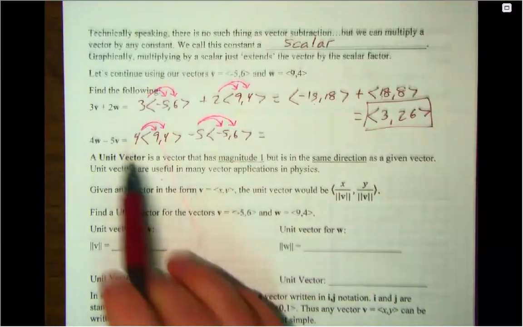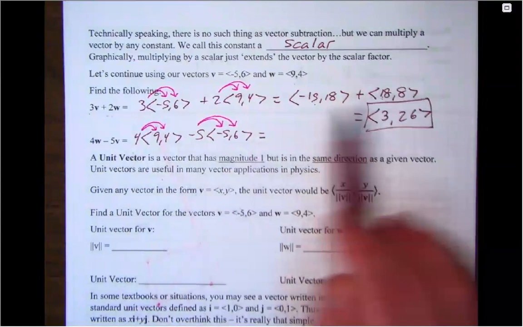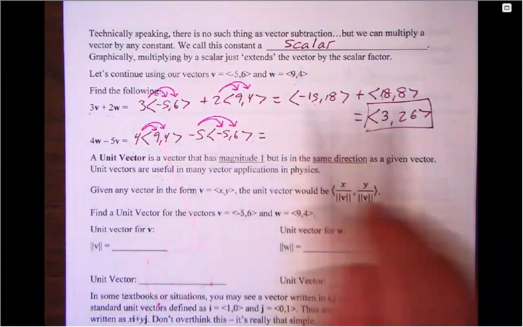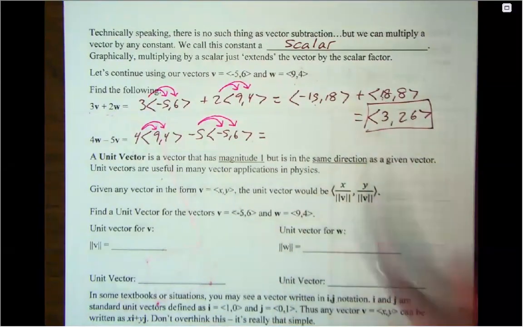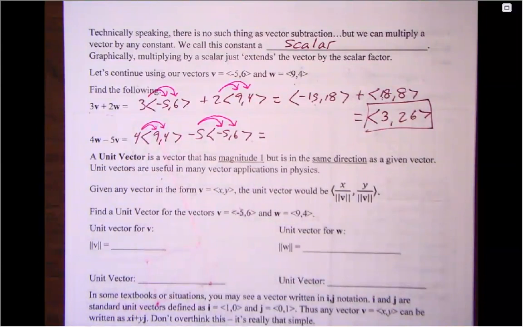You can just multiply each individual term. Once you finish multiplying, add the x's, add the y's, final answer.